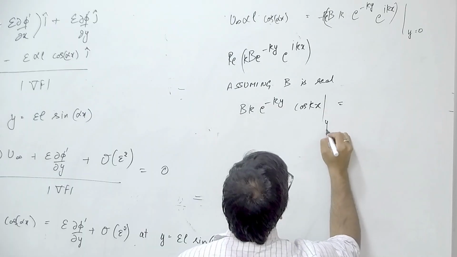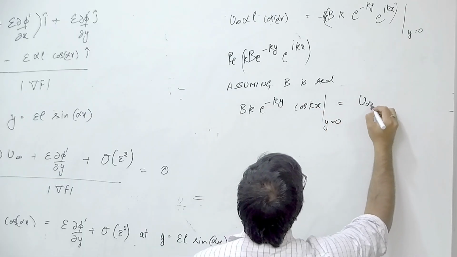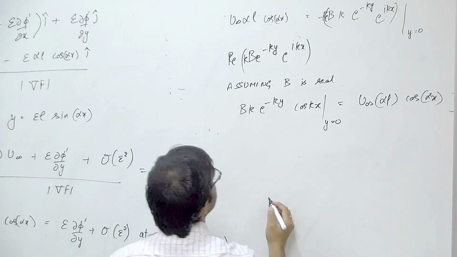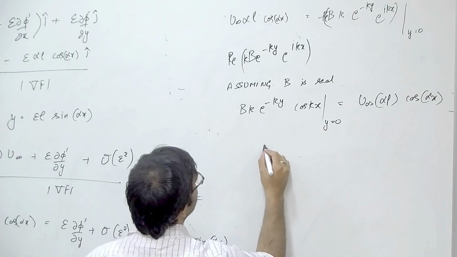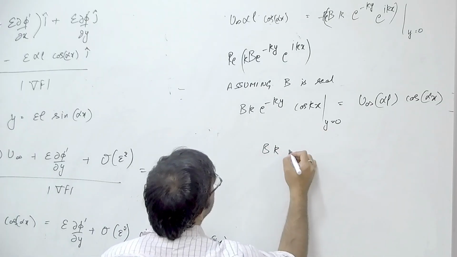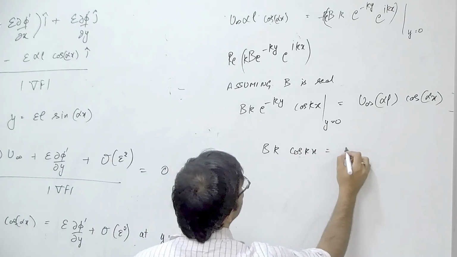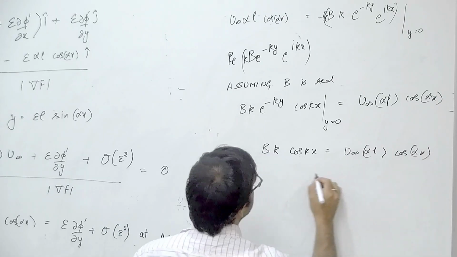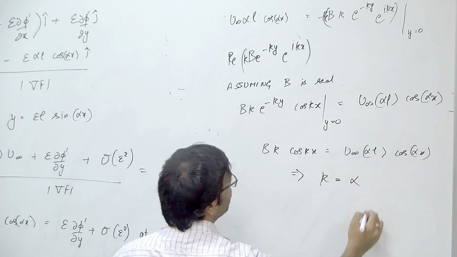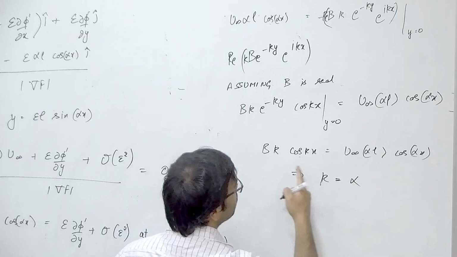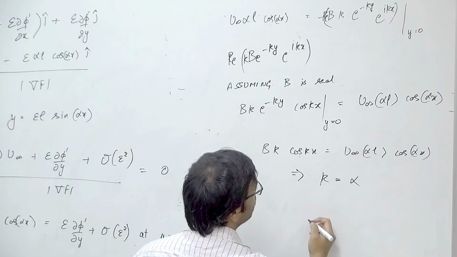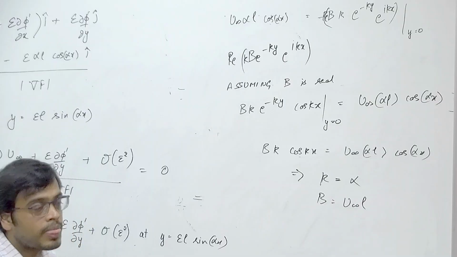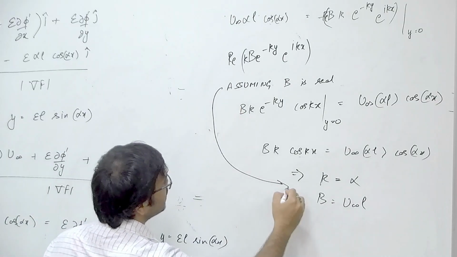So remember this is at y equal to 0, it is equal to u infinity alpha L cos alpha x. So, substitute y equal to 0, we get b times k cos k x is u infinity alpha L cos alpha x. This means k is equal to alpha and b times alpha is u infinity alpha L. So, b is simply u infinity L, which coincides with this.